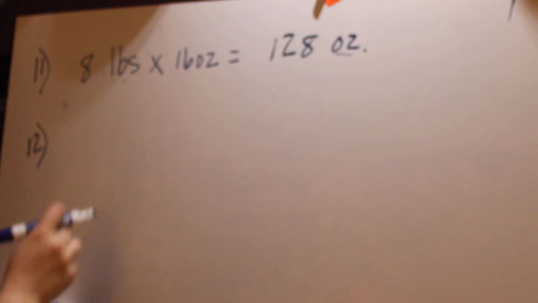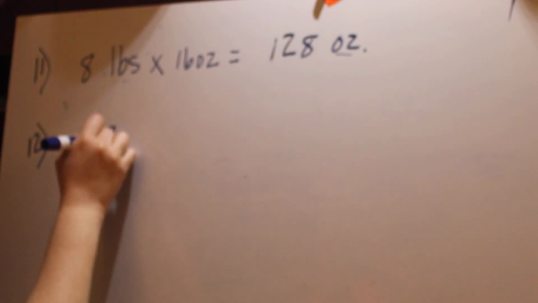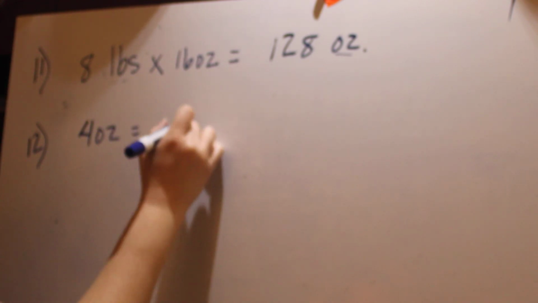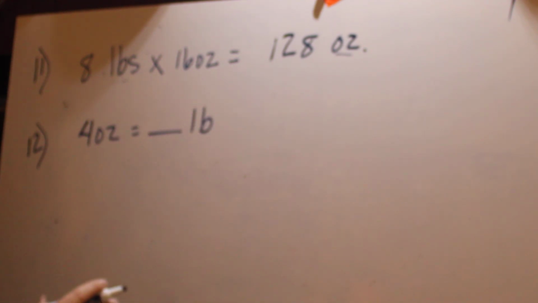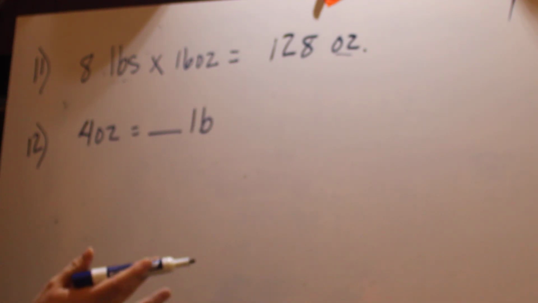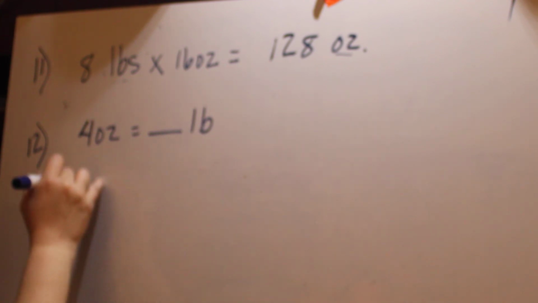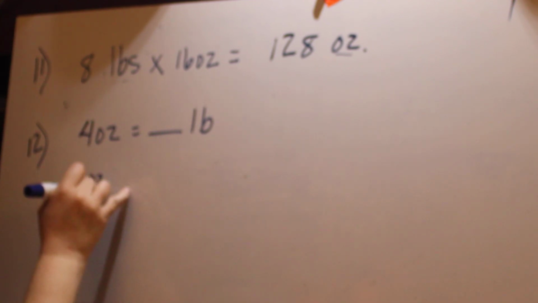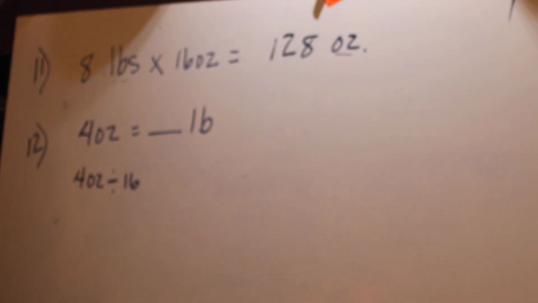Number 12, they wanted to know 4 ounces equals how much of a pound. Well, some of you could do this in your head, but if I have 16 ounces in a pound, 4 ounces divided by 16, you could do a fraction, or you could divide 4 into 16.